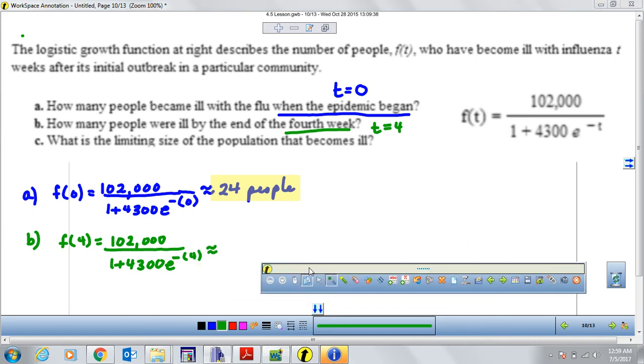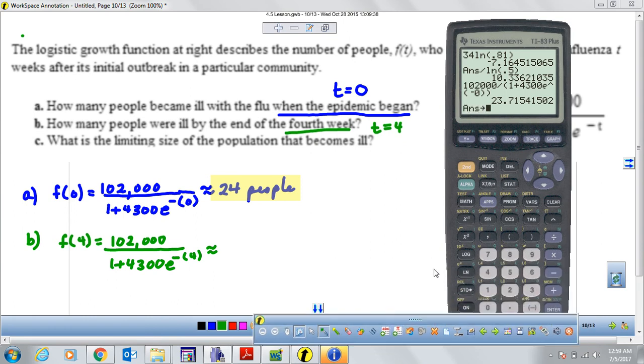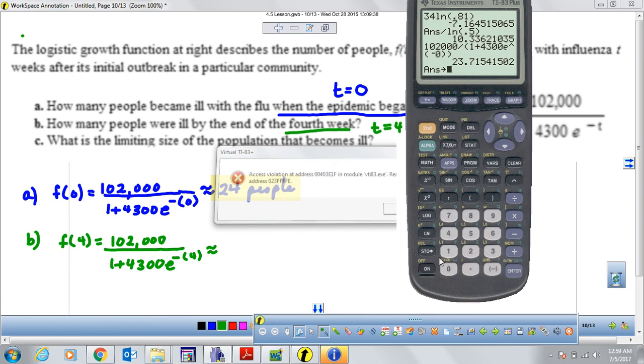So we're going to estimate the solution again. So we're going to go into the calculator, and we're going to replace the t with the 4. So it would be 102,000 divided by, open parentheses for the denominator, 1 plus 4,300 times e raised to the negative 4.